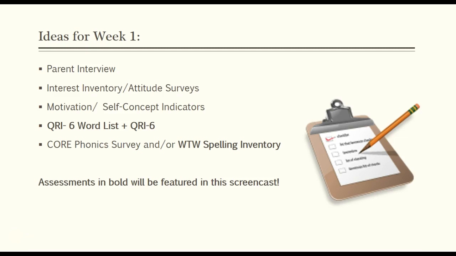But if they're able to read multisyllabic words and they're decoding well in context, you probably won't need to do a phonics survey. So just really pay attention to if this is necessary or not. And then the Words Their Way spelling inventory is required for everyone. And actually the assessments that are bold, I'm going to talk about in this screencast because they are very important and will need to be given by everyone.